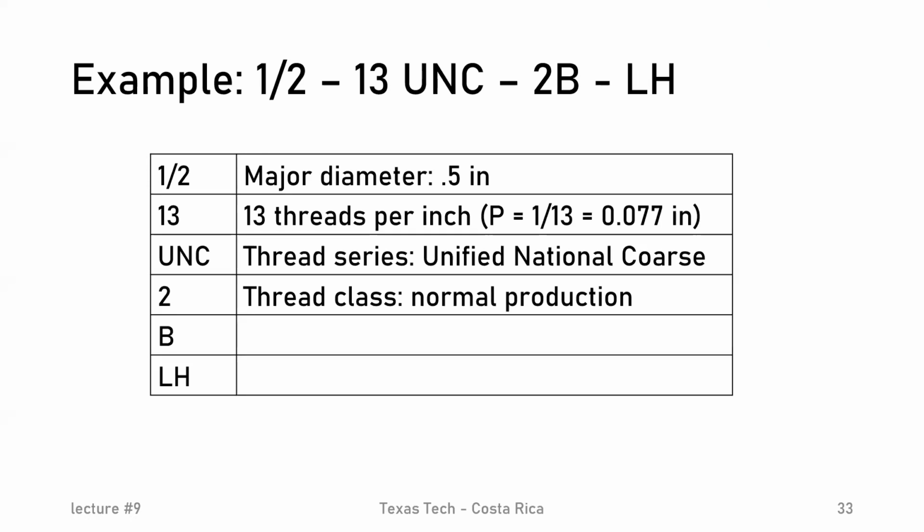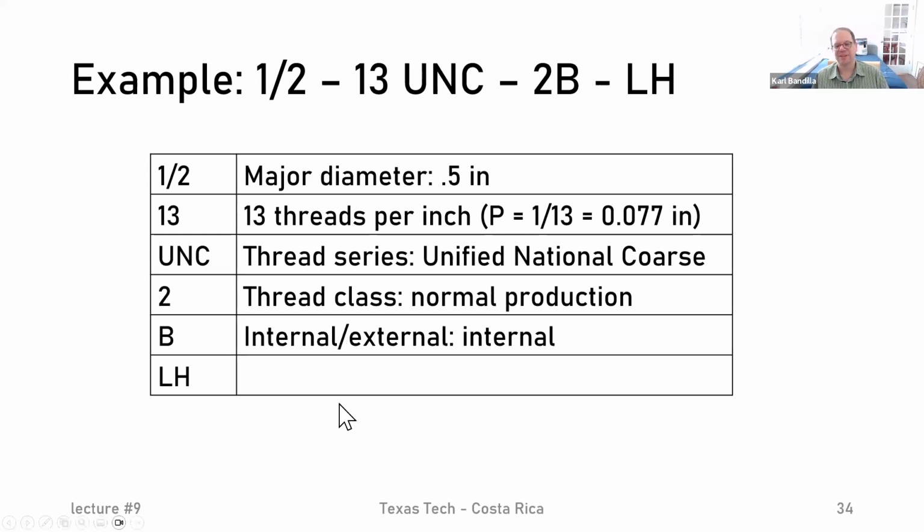B is internal. And then LH, what does LH stand for? Left-handed. Or if you travel a lot, it's also Lufthansa, but that's a whole different thing. Left-handed. So this is how we understand all of these different parts.